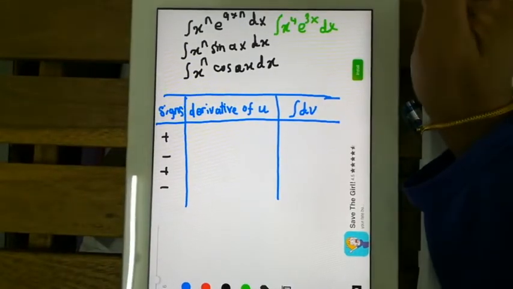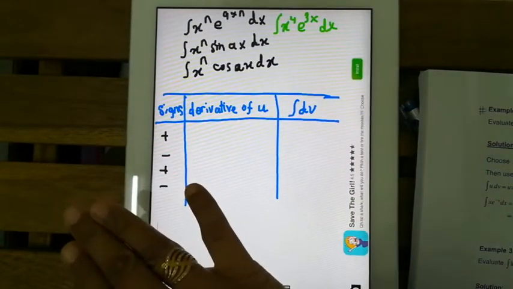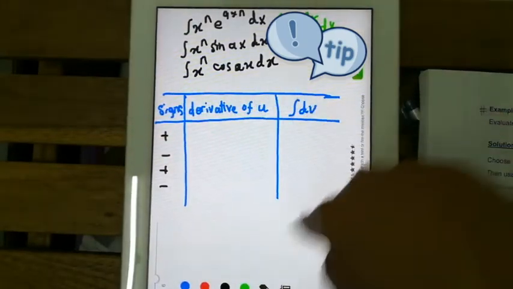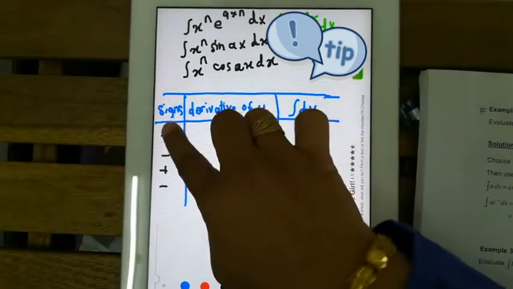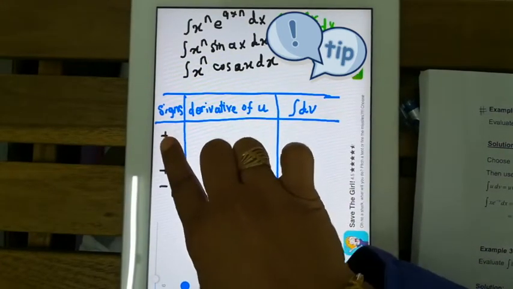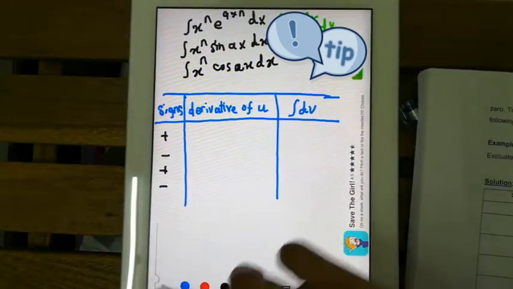Now in the tabular method, there is a reason why it is called tabular. It is in the form of a table, which consists of 3 columns. The first column is the sign column, starting with plus, minus, and so on.